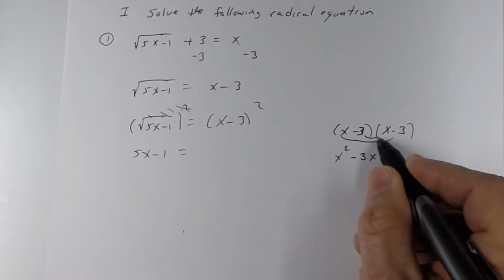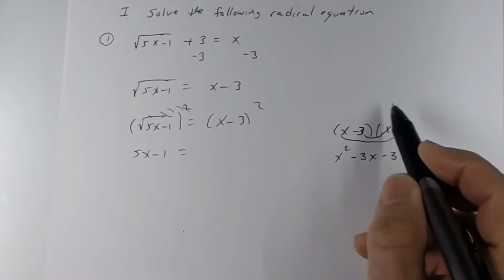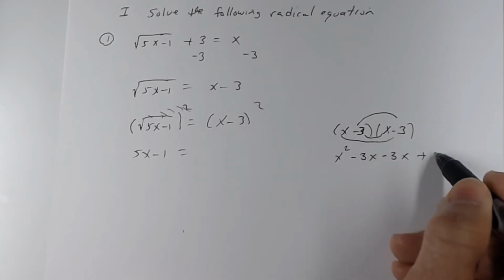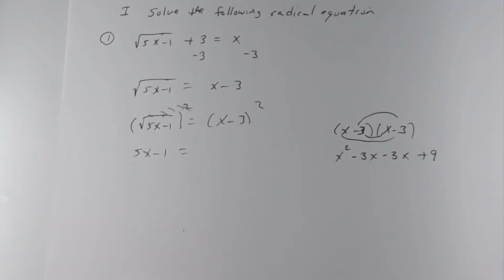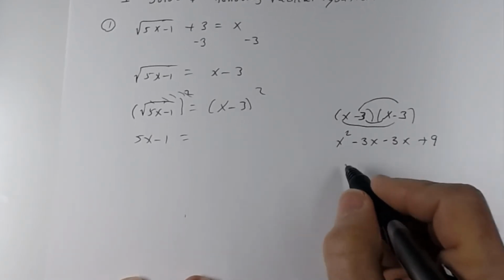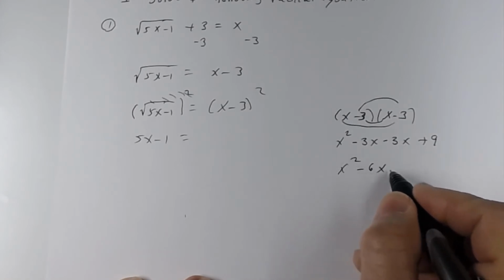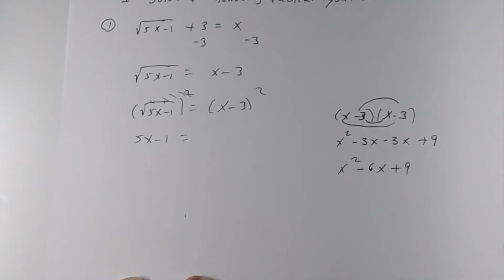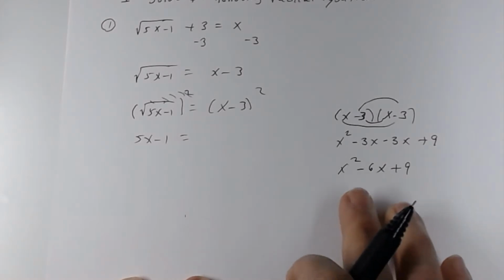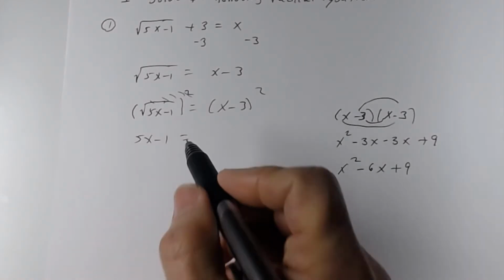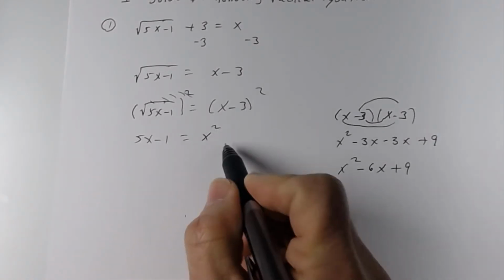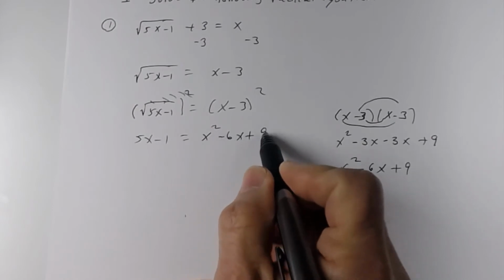Minus 3x. What's the inner? Negative 3x. And what's the last? Plus 9. When you combine like terms, I get x squared minus 6x plus 9. Now that goes here, right? So I have x squared minus 6x plus 9.